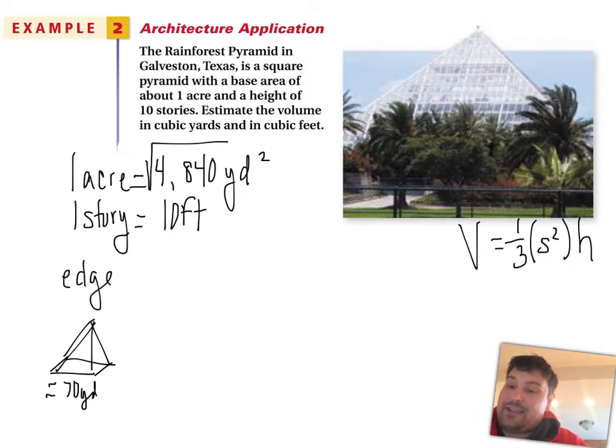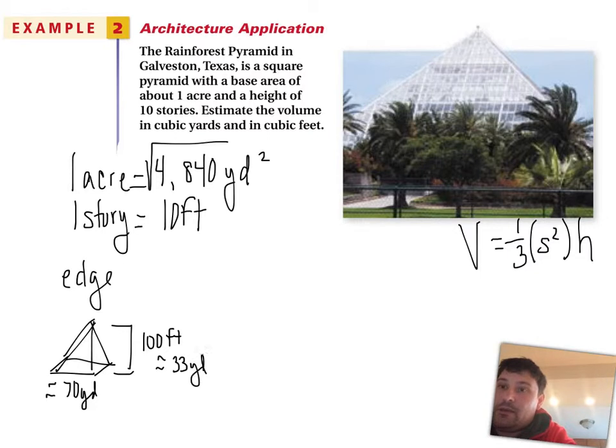The height is 10 stories, so 10 times 10 is going to be 100 feet. But I don't want 100 feet. I want to change it to yards, so we divide by 3. So this is approximately 33 yards. Now remember, we're estimating this, so that's why we're rounding.